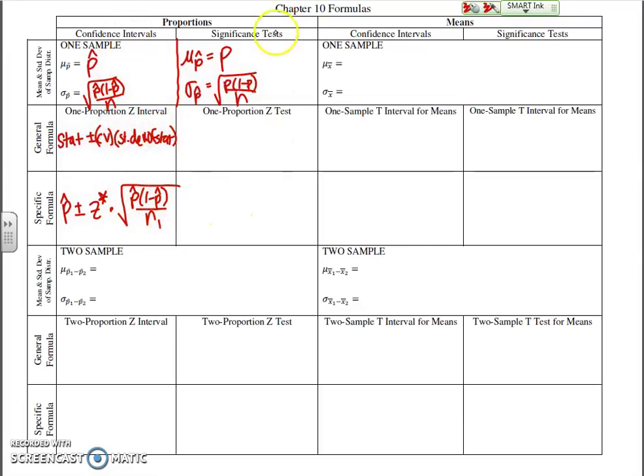But remember, when I transition to significance tests, it's a different formula. We use the test statistic formula. So if you remember, the test statistic is equal to the statistic minus the parameter divided by the standard deviation of the statistic. Okay? So this is the general formula that we can turn around and plug the pieces into for the specific.